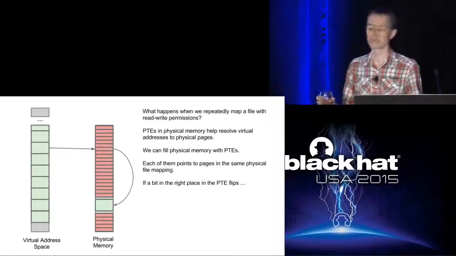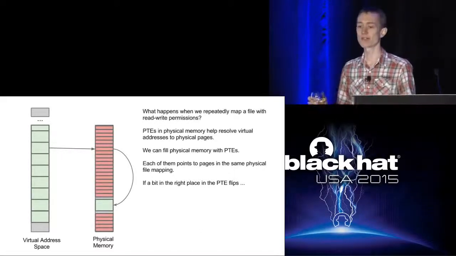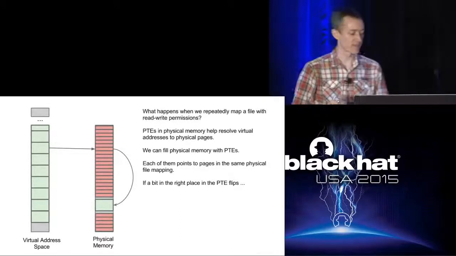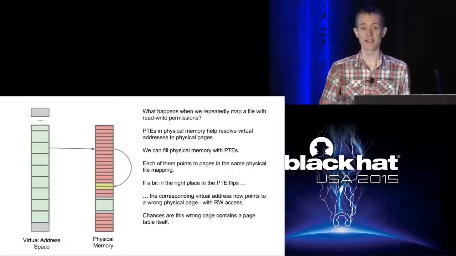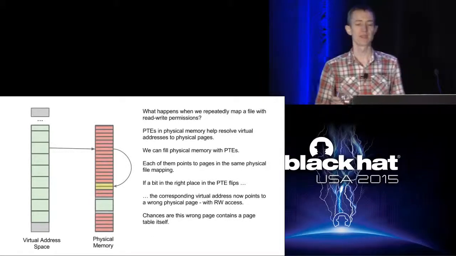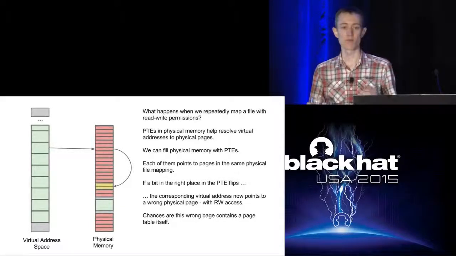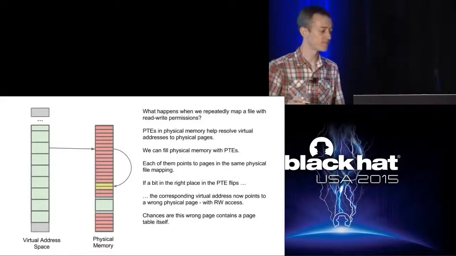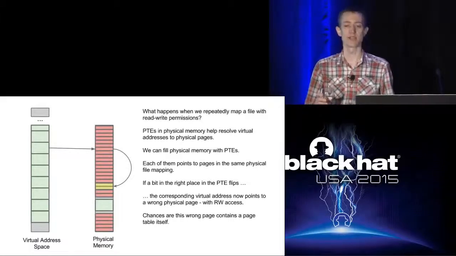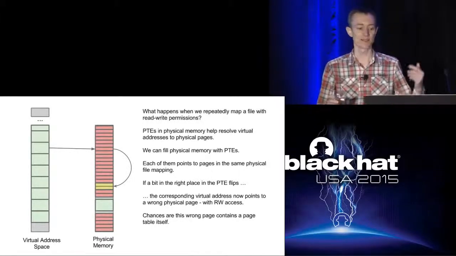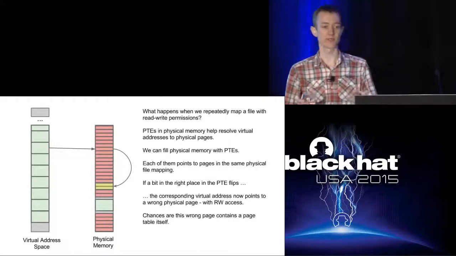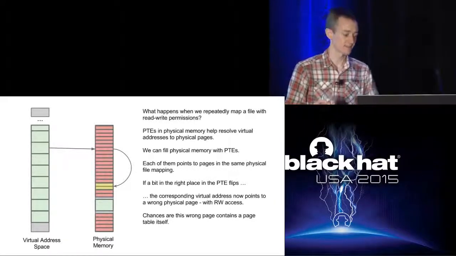So once we've done that, what happens if we get a random single bit error somewhere in one of those page tables? Well, if we're lucky, then it will change the physical page number in a page table entry, so it now points to a different physical page. And since we've filled most of the physical memory with page tables, it's quite likely that the new physical page number is going to be one of the page tables that describes our process's address space.